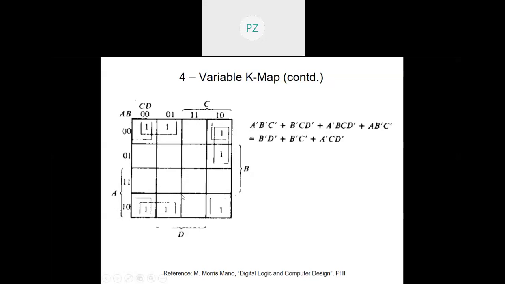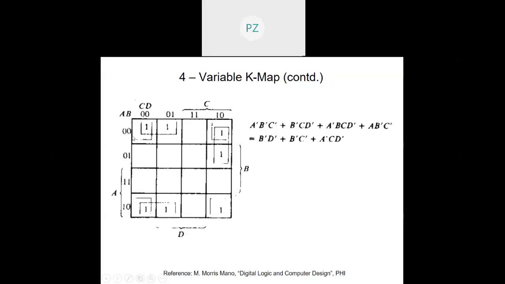Again, look at the interesting part of it. I have ones at the 4 corners, right? Since this is foldable like this and this is foldable like this, both ways it is foldable. So I can combine the corner terms also. When I combine the corner terms, what do I get?